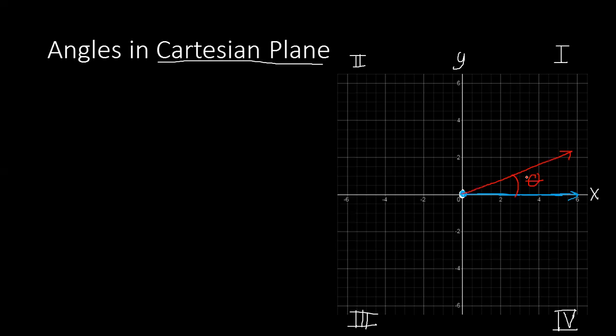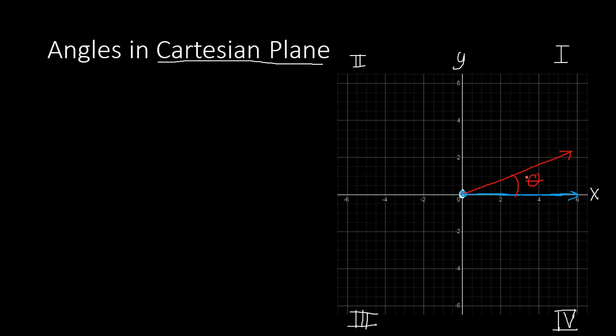Now, if you recall, the terminal side is the one that will rotate itself. It could be in a counterclockwise direction or in a clockwise direction.